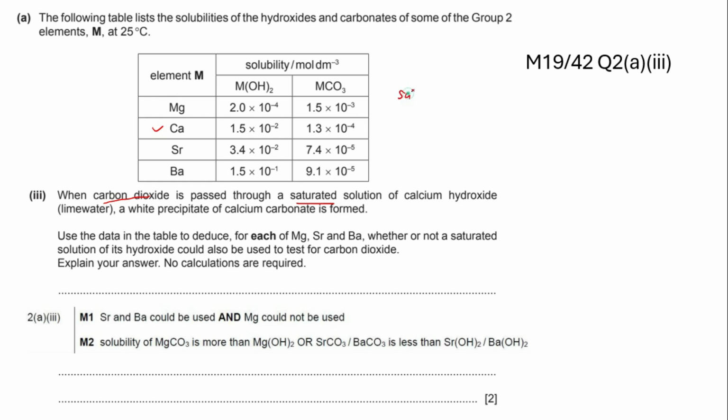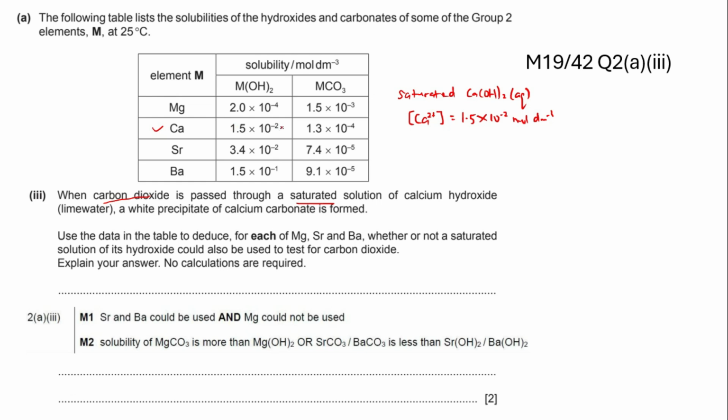In a saturated solution of calcium hydroxide, the concentration of calcium 2+ ions will be 1.5 times 10 to the power of negative 2 mole per decimeter cube. How do I know this number? Okay, it is from the solubility of calcium hydroxide.